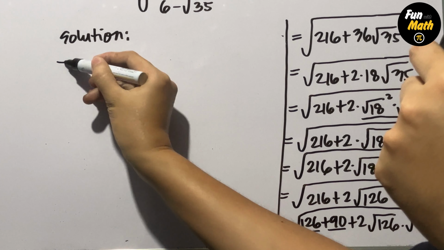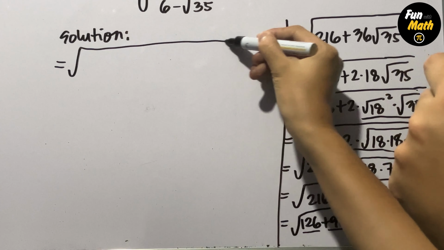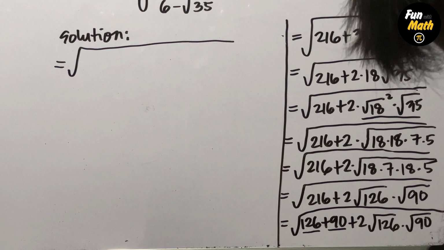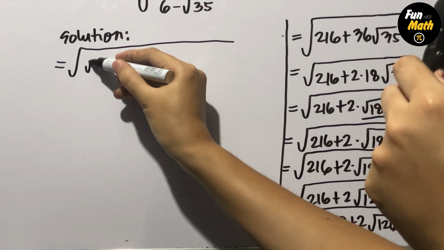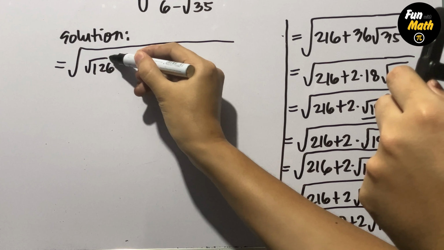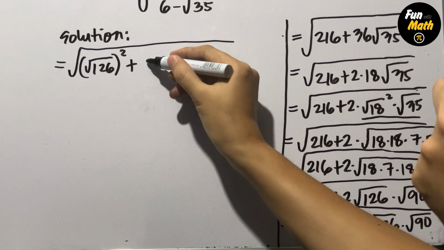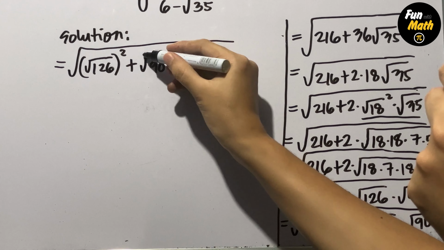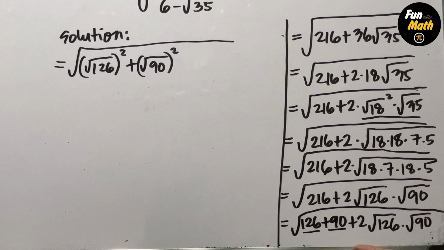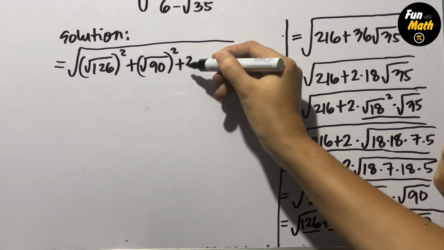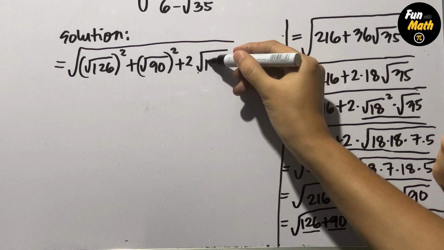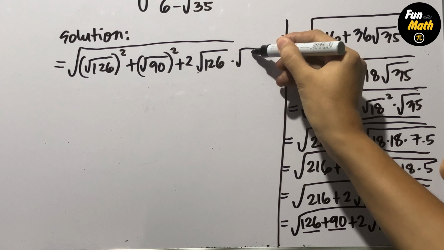So this now equals square root of square root of 126 whole to the power of 2 plus square root of 90 whole to the power of 2. Then copy, plus 2 square root of 126 times square root of 90.